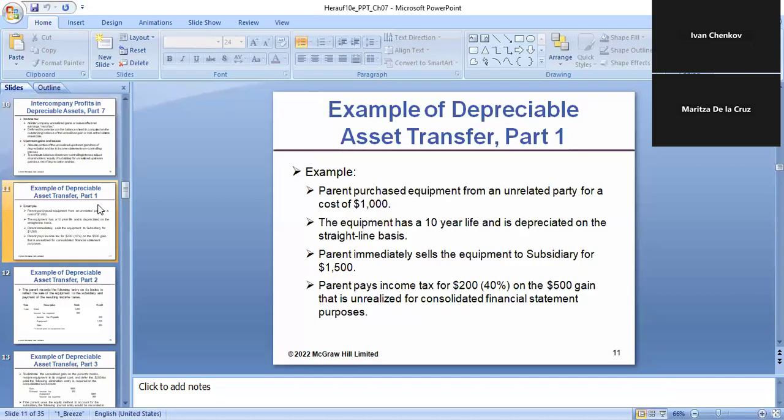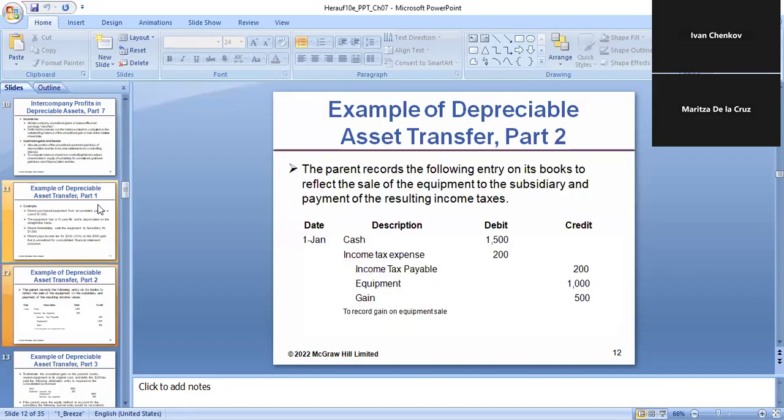So what's happened here? The parent pays taxes at 40%. So the parent has to pay $200 taxes on the gain of $500, as part of the sale.